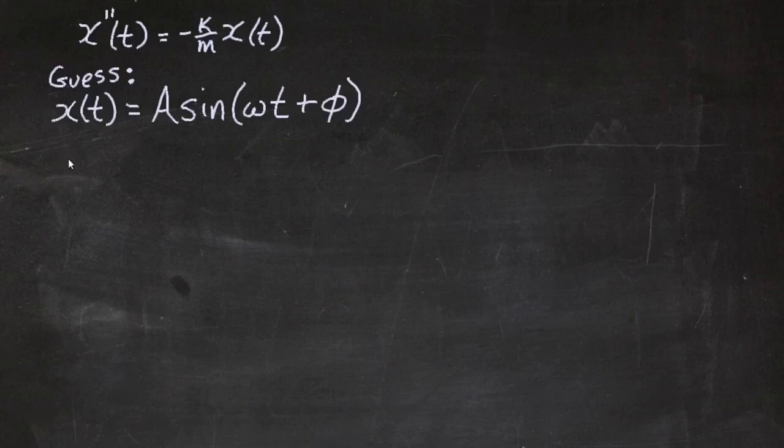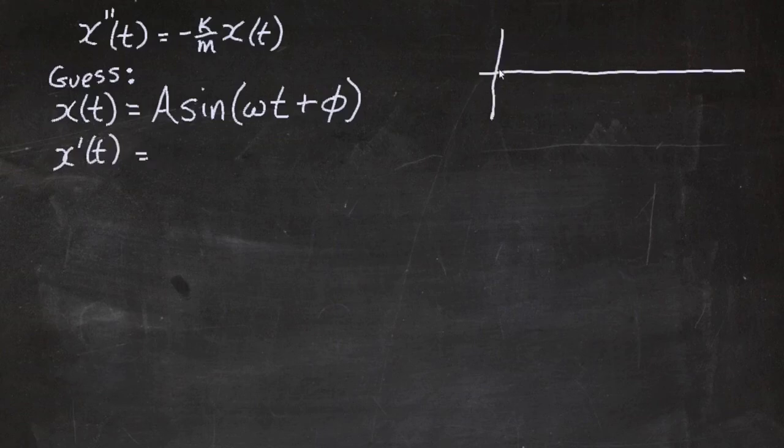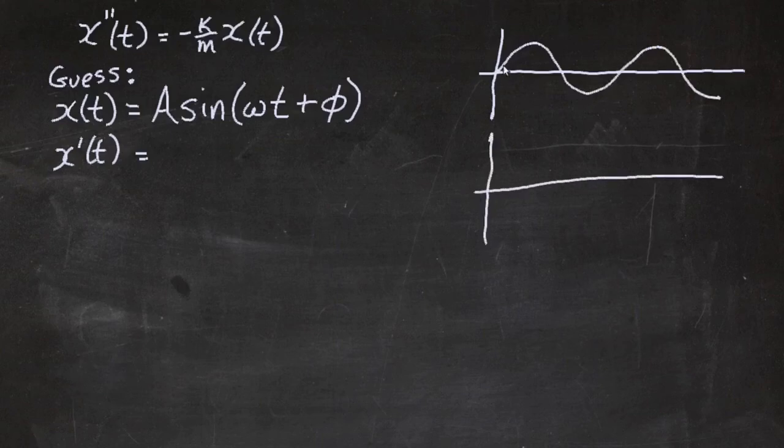So if the function x of t is A sine omega t, what is x prime of t? Well, let's take a look at what sine looks like, just to remember. If sine looks like this, we can remind ourselves, what is the slope here? Well, it's some positive number. And what is the slope right here? It's 0. The function is flat. So this is smoothly coming down to 0.